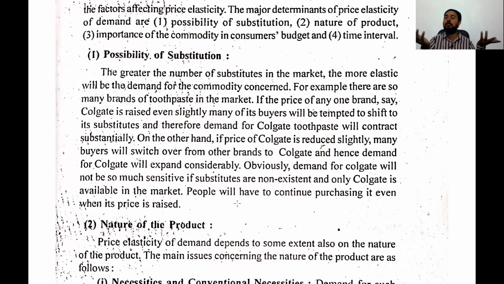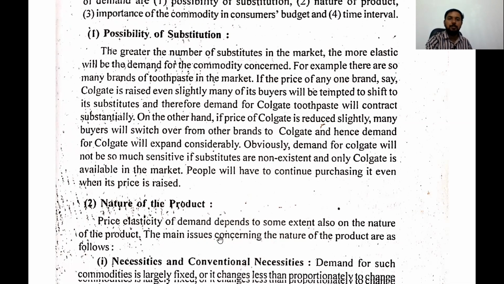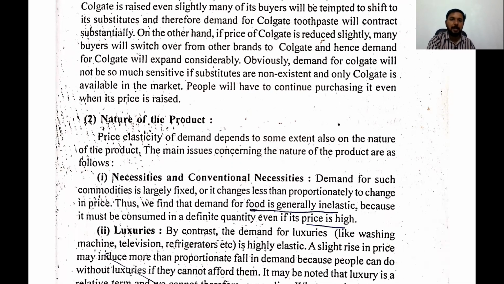But when there are no other brands available, only one brand, Colgate, then we do not have any other option. Even though the price of Colgate is increased, we need to brush our teeth every day. So when there is high substitution, the elasticity is more. But when there is no substitution, there will be no elasticity of demand for the product.